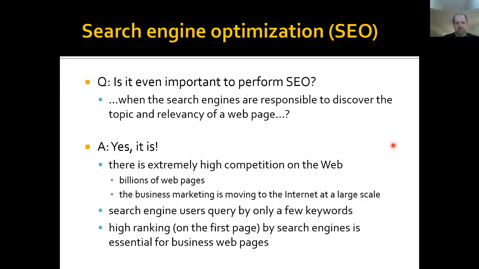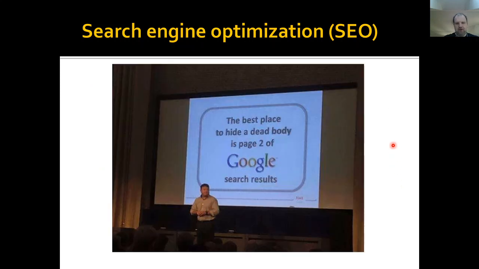Okay, this is a funny slide, and it only emphasizes the need for good ranking, because it says that the best place to hide a dead body is the second page of Google search results. That's basically the motivation for SEO.